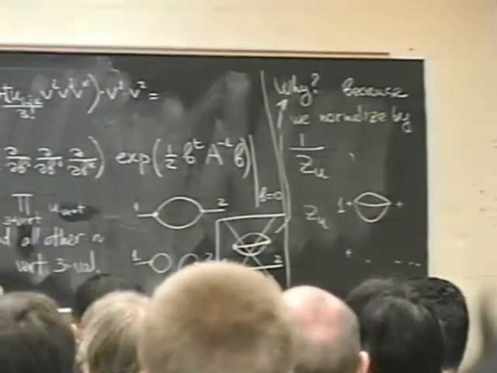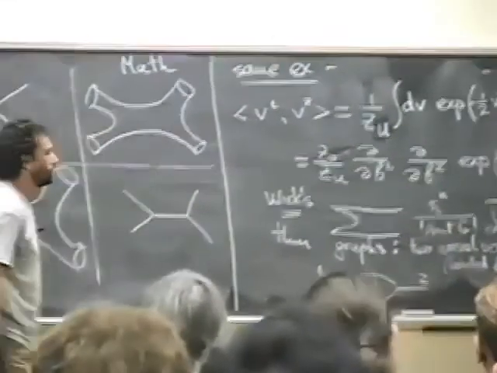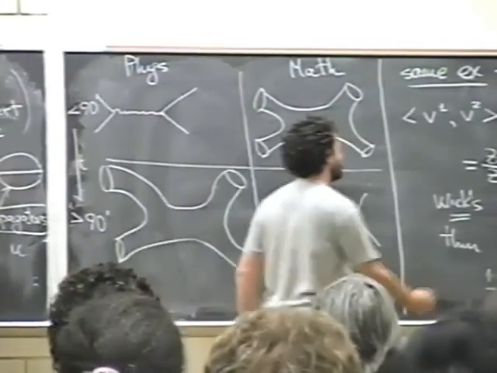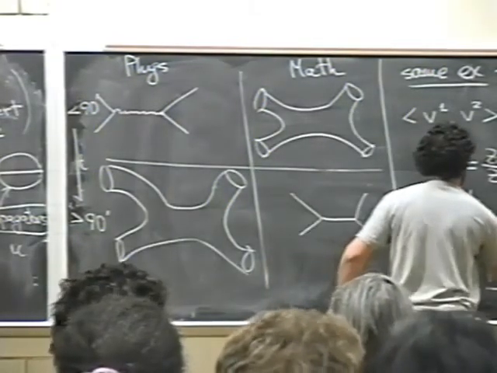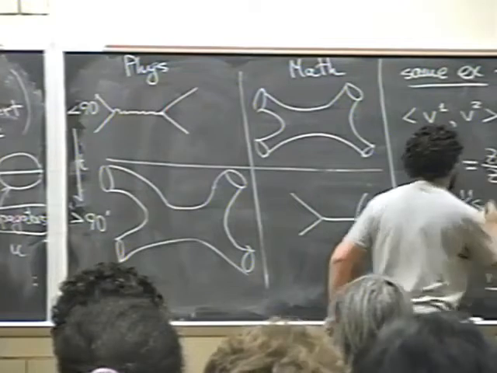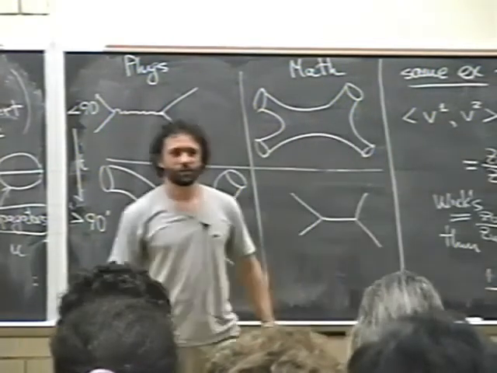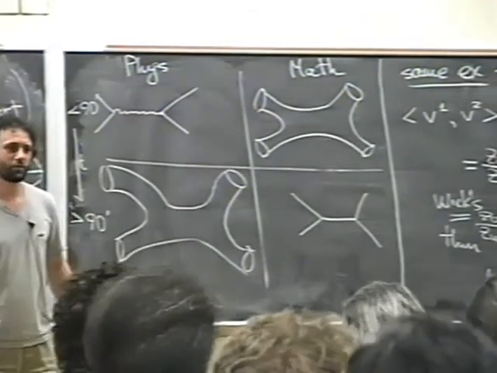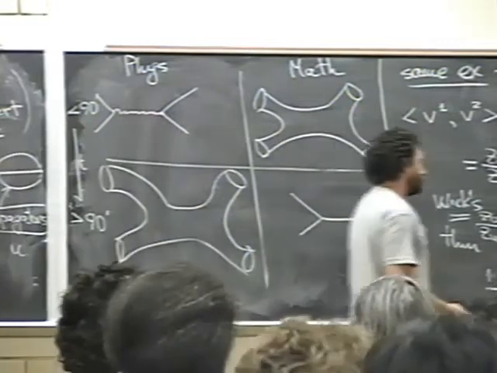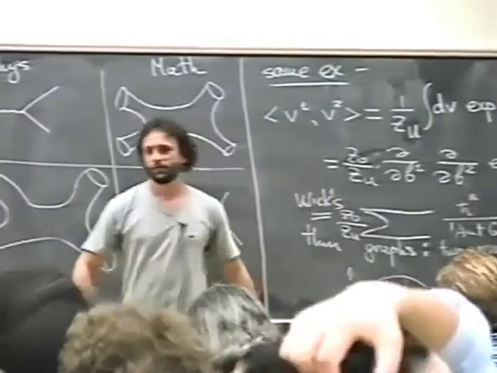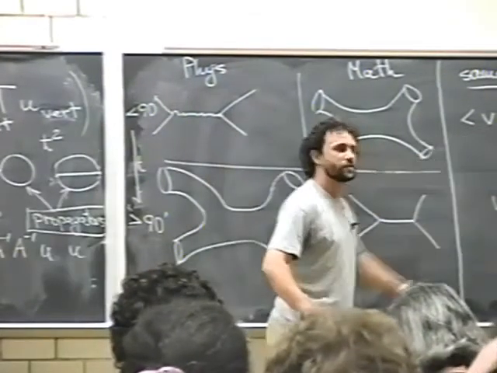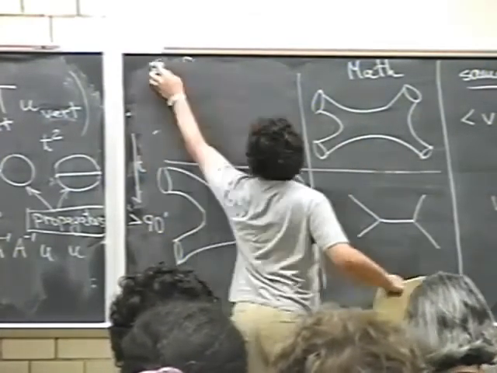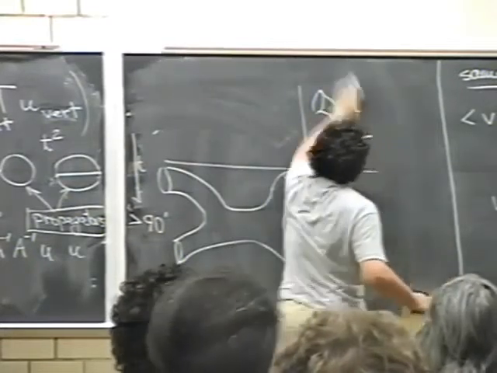Sorry, I forgot this Zu. I just forgot to normalize by the Zu. So the lesson which we are supposed to learn from this is the following, that in general the Feynman rules in this example should look like that.